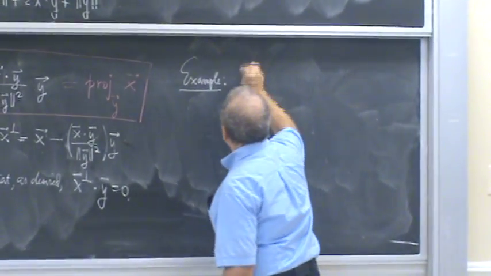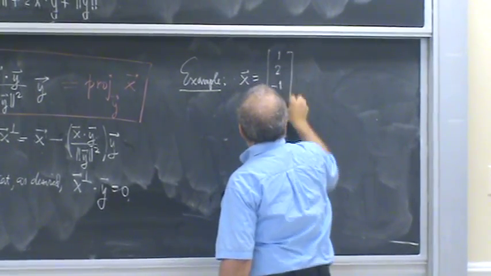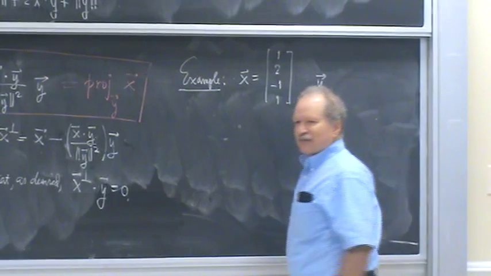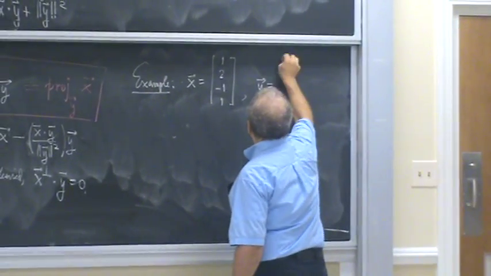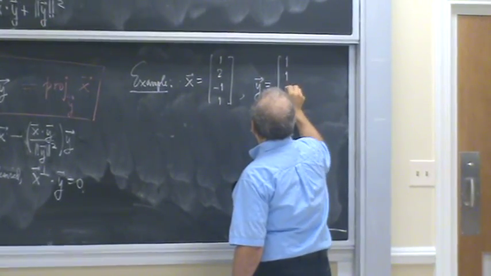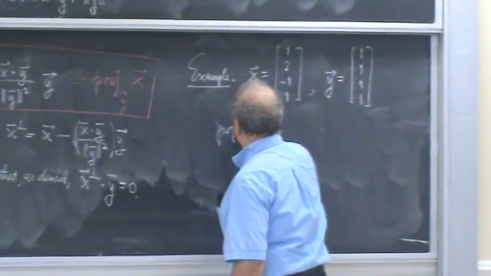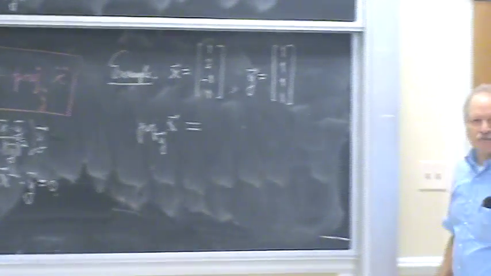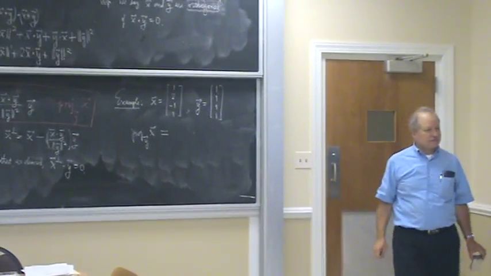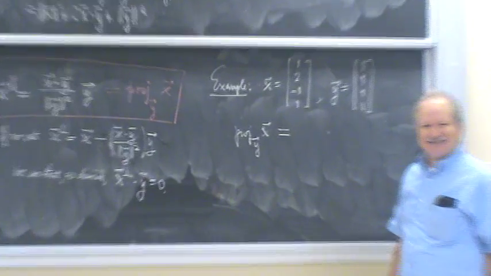So if I take x to be the vector 1, 2, negative 1, 1, notice I'm out of the plane now, and y is the vector 1, 1, 1, 1, what's the projection of x on y? So, plug and chug.